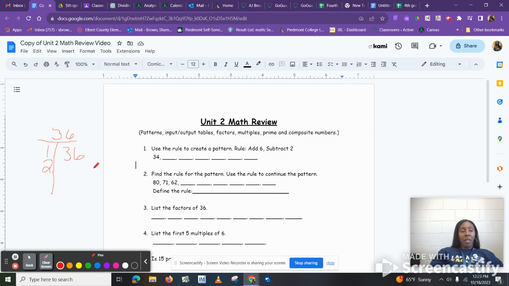If you don't know what it is, you can ask yourself, what times 2 will give me something close to 36? So you can divide 36 by 2, but if you don't know how to divide, then the easiest way is to find something that gets me close to 36 when multiplied by 2, or exactly 36.